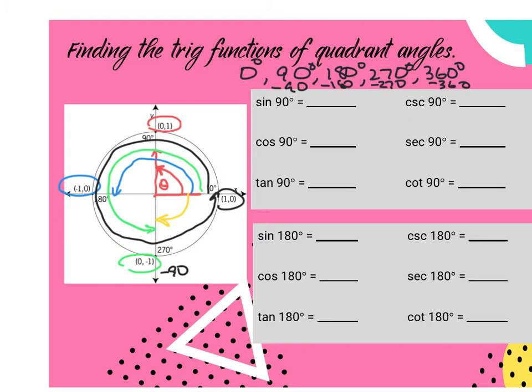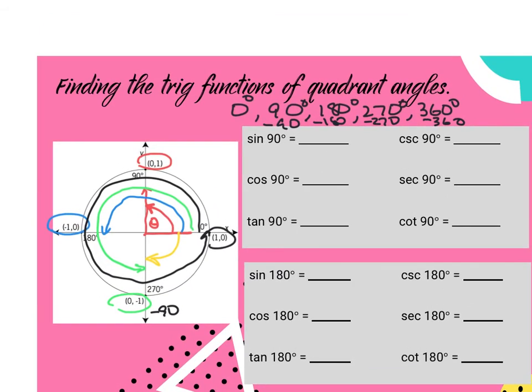So let's look at the 90. The red one was the first one I drew, and it was using this ordered pair. So the x and the y that we're going to use for the 90-degree angle is going to be 0, 1. So x will be 0, y will be 1, and now I need to find my r value. Now, whenever you're using these ordered pairs, your r value is always going to be 1. But let me just show you using the Pythagorean Theorem.